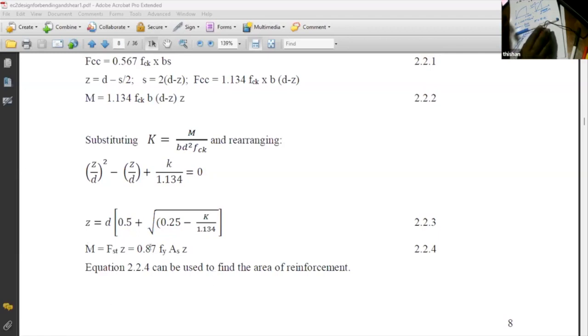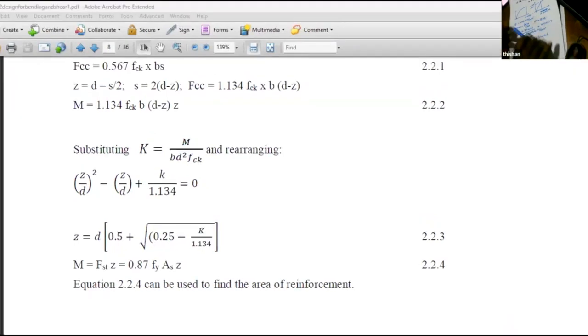M is equal to 0.87 fy As times Z. This magic number Z comes from this equation, and in this equation K is known, so Z is known. So you know the bending moment acting on a section, say a simply supported beam subjected to 30 kilonewtons per meter. How can we design?